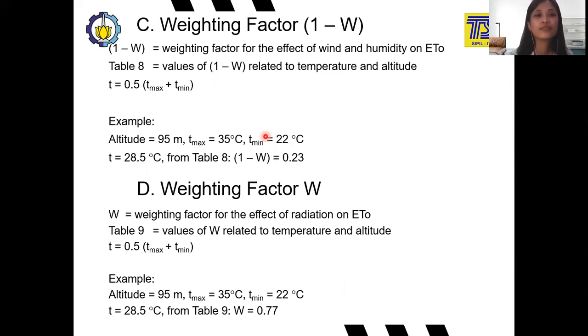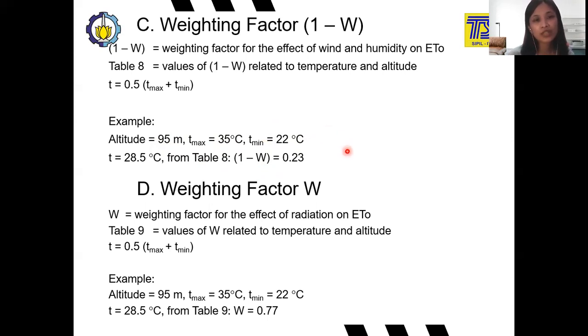For example, if we want to calculate the W for the region in altitude, here the example is 95 meters with the maximum temperature of 35 degrees Celsius and minimum temperature of 22 degrees Celsius.